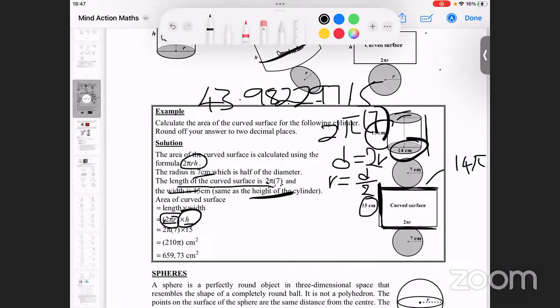It's going to be 14 pi multiplied by 15 centimeters. How much is it going to be? Ma'am, I got 210 pi. Oh, you also got 210 pi. Yes, ma'am. And when you convert it, remove the pi, how much is it? Ma'am, it gives me 659.7344573.